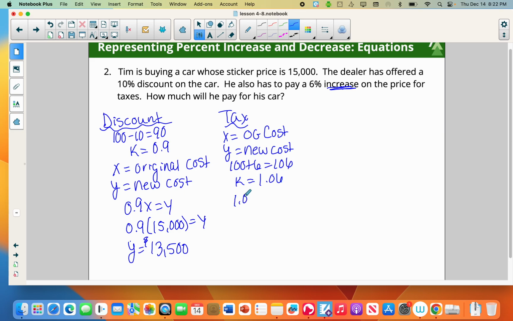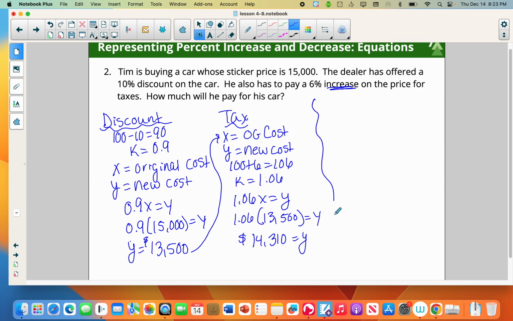So 1.06x equals Y. And my original cost now is the sale price, so 13,500. And we end up with a new price of $14,310 that we will pay after we pay the government.